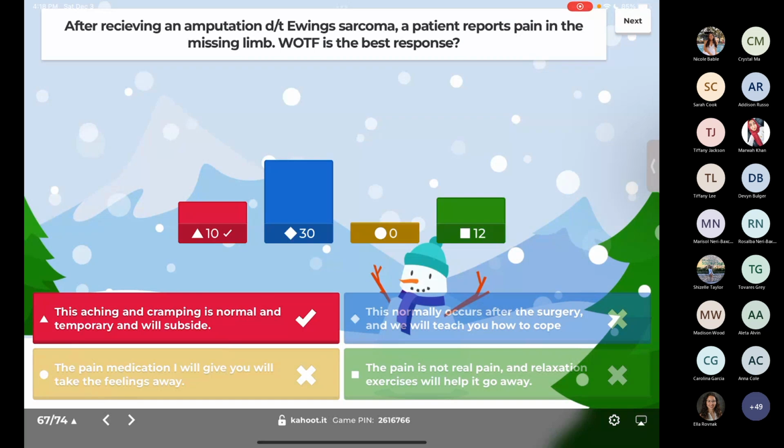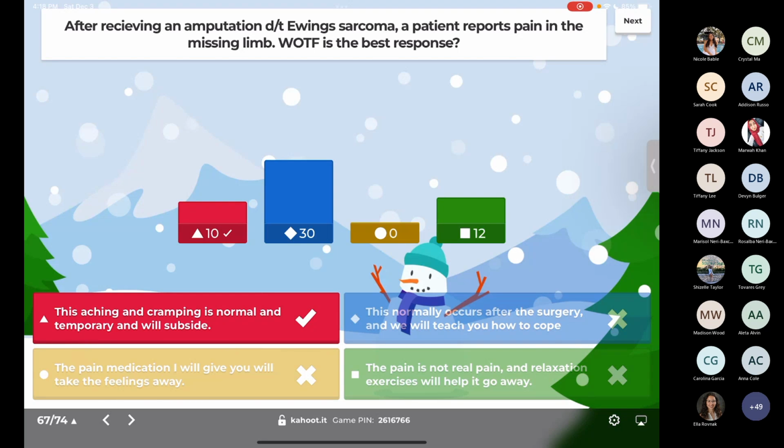Good job, guys. Yes. This is referring to phantom limb pain, which is completely normal. We want to go ahead and reassure them that it is temporary and it will subside.